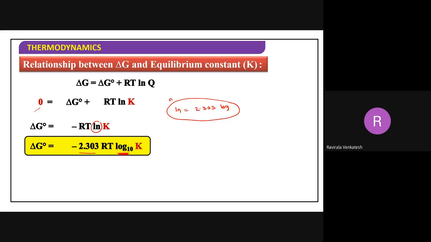Now we get this formula: delta G naught equals minus 2.303 RT log K. This formula is useful for calculating the K value and the delta G naught value. This is called the relationship between standard Gibbs energy and the equilibrium constant. Very important formula.